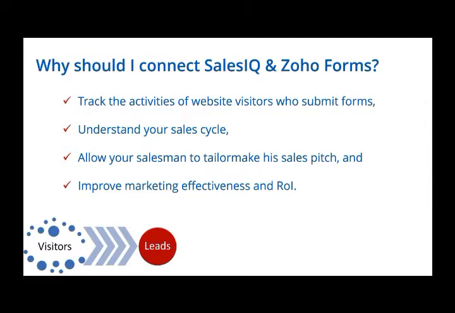And of course, when you find out where the majority of your website's traffic comes from using Sales IQ, you will be able to focus your marketing efforts better on those platforms. So if you think social media is getting you more traffic, then you're going to be more active on that instead of paying Google to spend on the expensive AdWords, which probably are not getting you all that much traffic.